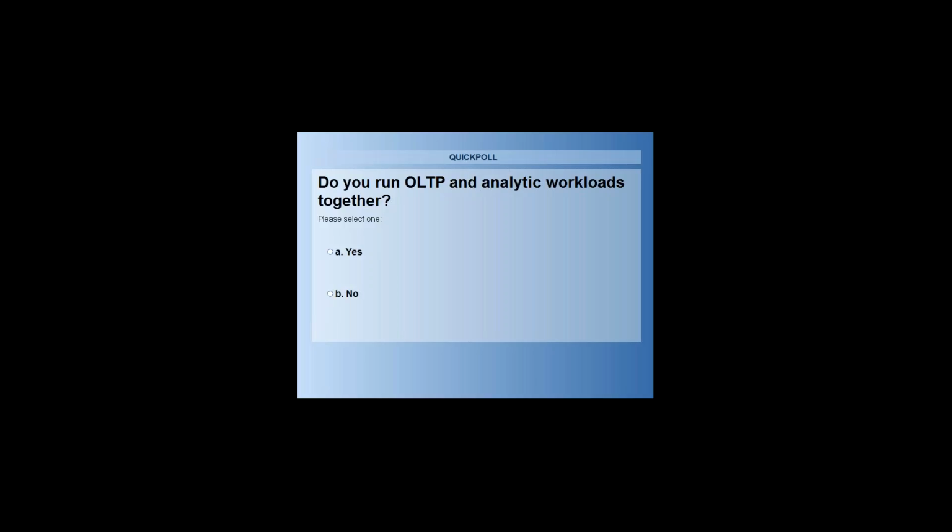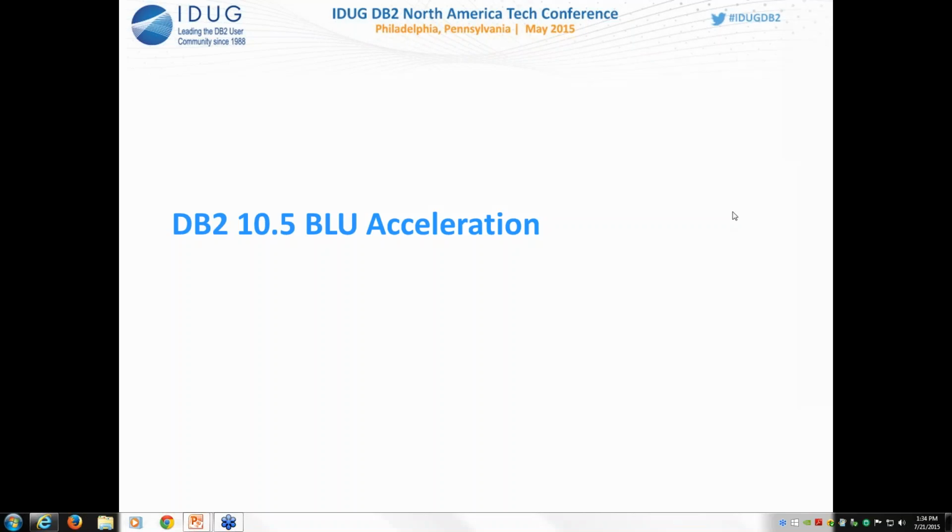Not a question that I added, but one that would be interesting to know. Well, we know it's split 60-40. Most folks have responded, and interestingly, that's a pretty good split of both analytics and OLTP running together versus keeping them separate. So thank you for your responses, and now we will move on to DB2 10.5 for BLU Acceleration.